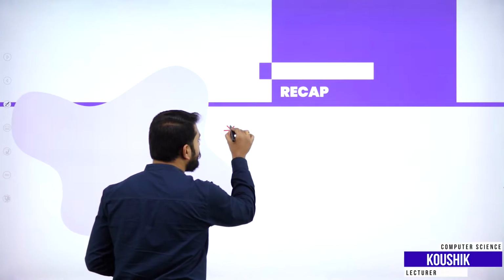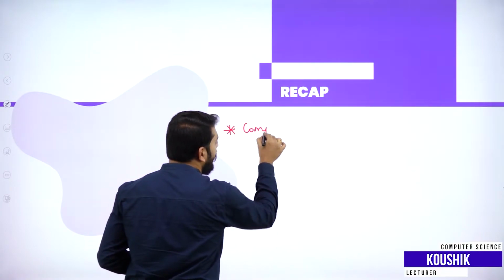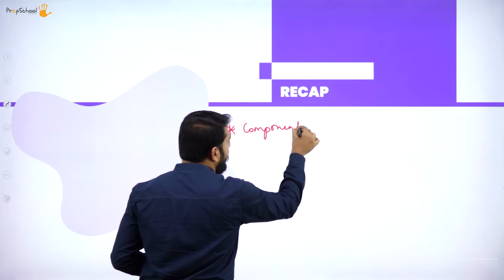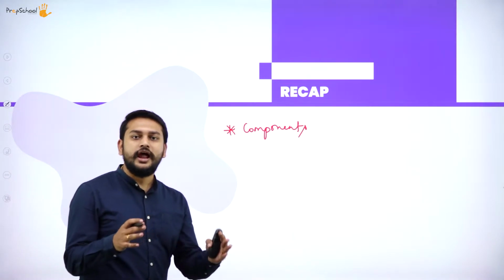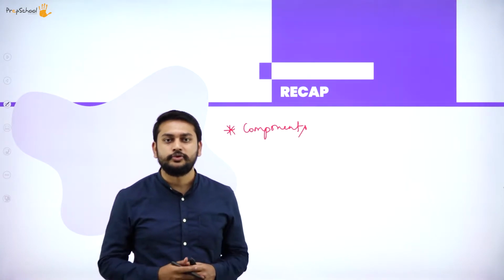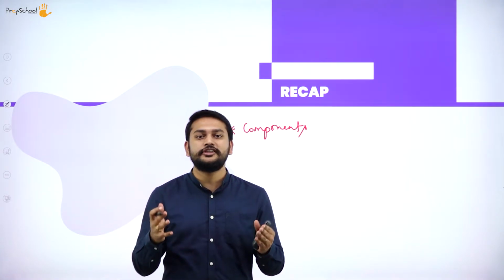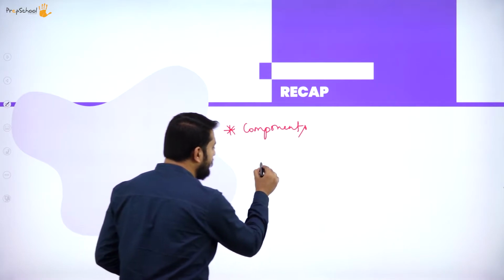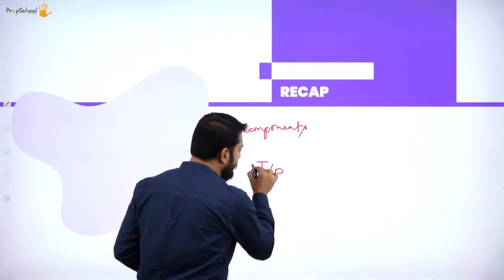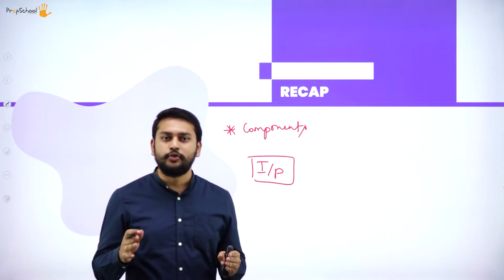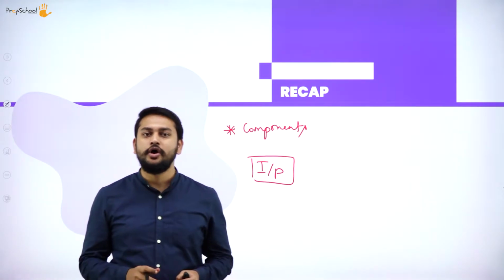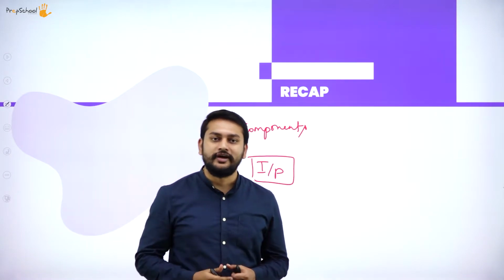So we discussed the components of computer, especially the block diagram of the computer. In that we have discussed different units which we come across in the computer. What is the first unit that we have? So we have input unit. Input unit is responsible to handle all the input which is given by the user with the help of input devices.